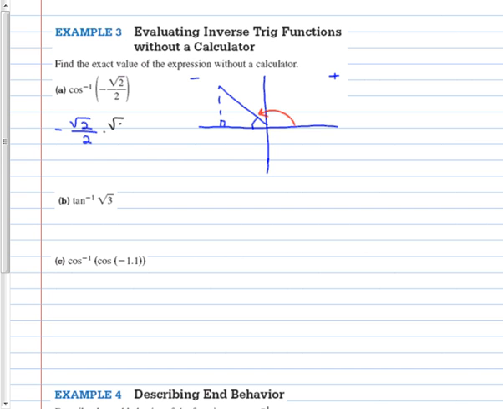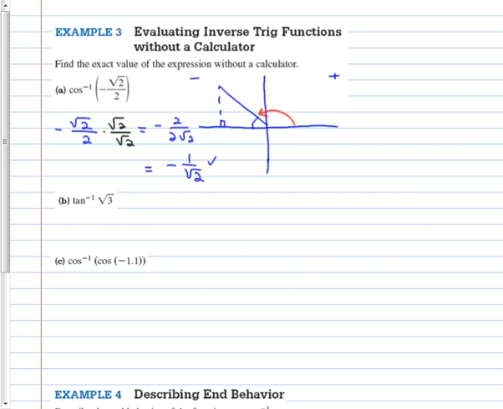So if you rationalize again, what's square root of 2 times square root of 2? 2. Negative 2 over 2 root 2 equals negative 1 over square root of 2. I've got it back to the original before we rationalized it. So now I can say inverse cosine of negative 1 over root 2.